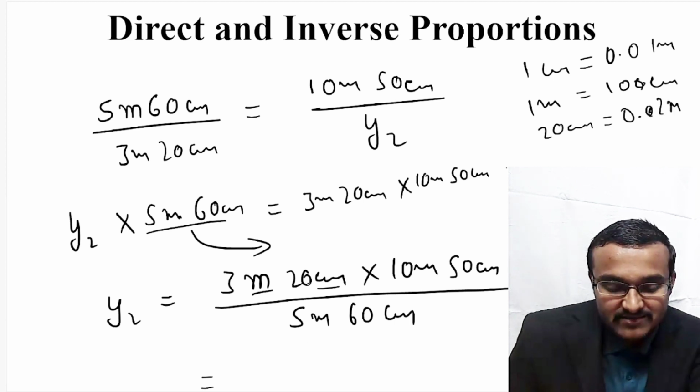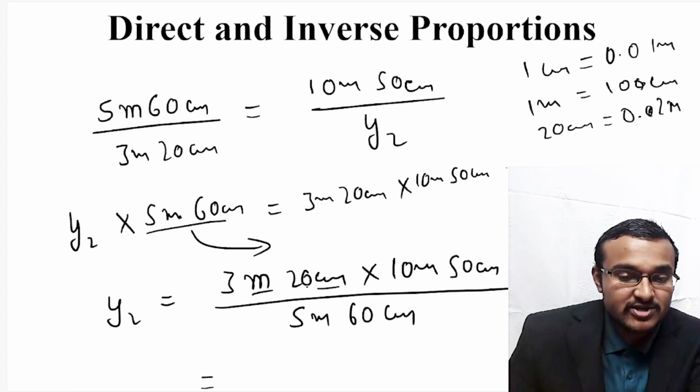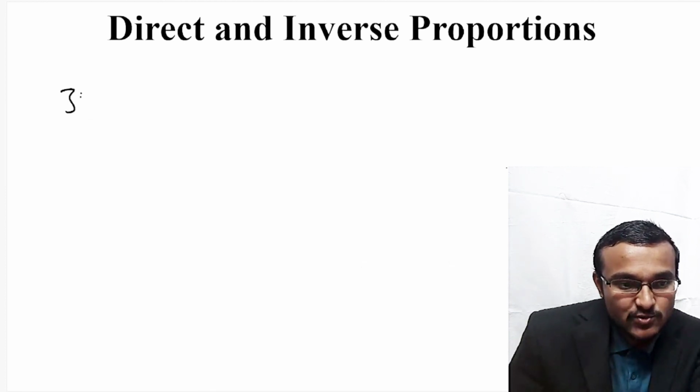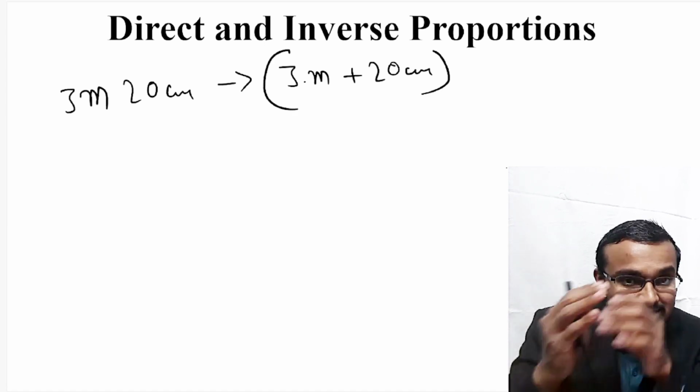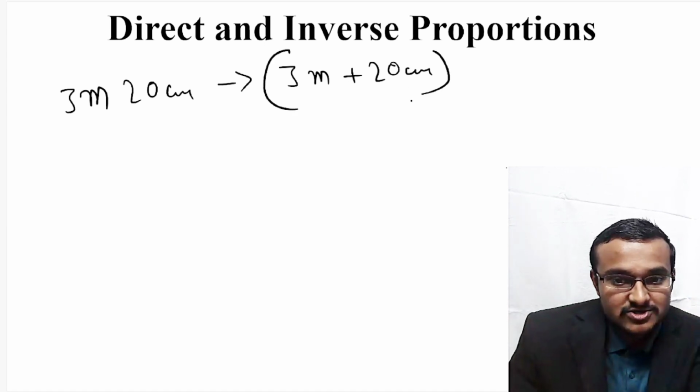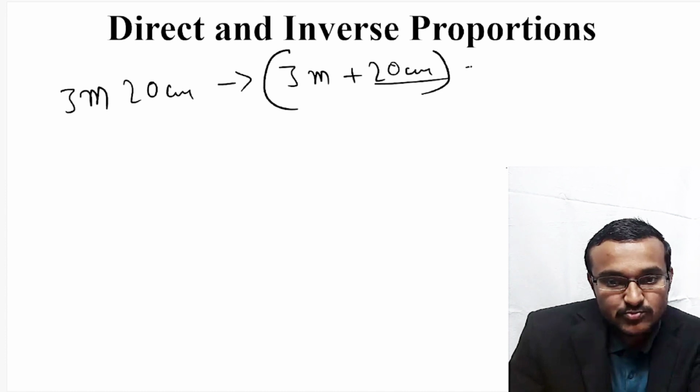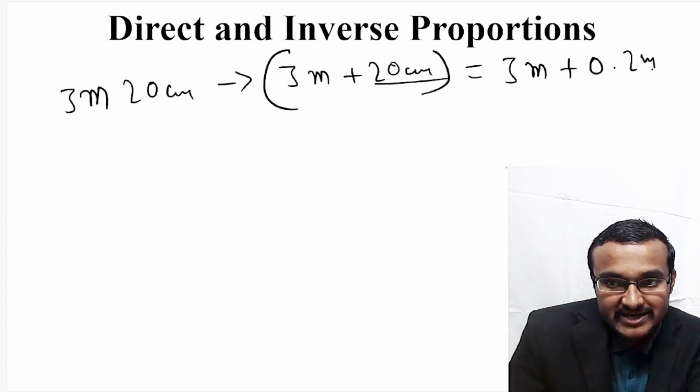So in the place of 20 centimeter you can write 0.2 meter and you should add that 3 meter to it, because length is 3 meter and 20 centimeter. What do you mean by 3 meter and 20 centimeter? This is equal to 3 meter plus 20 centimeter. So this is the total length of the pole. What is 20 centimeter? 20 centimeter is 0.2 meter. So this will be equal to 3 meter plus 0.2 meter.